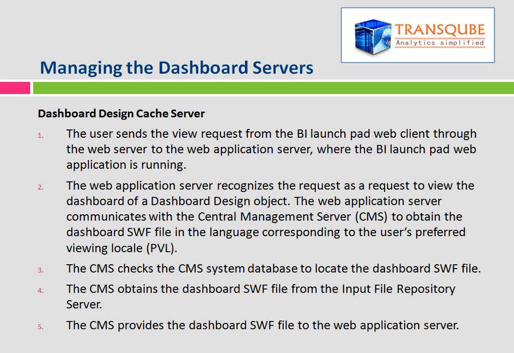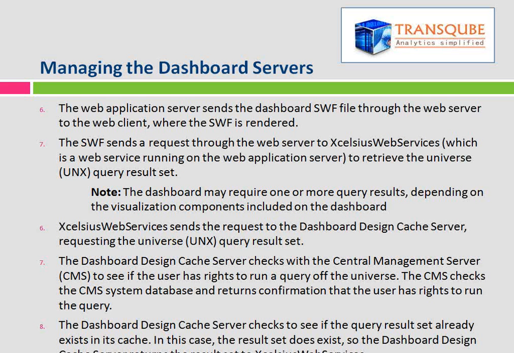The CMS checks the CMS system database for the dashboard shockwave file and its corresponding link. The CMS obtains the dashboard SWF file from the input FRS and provides it to the web application server. The web application server sends the dashboard file through the web server to the web client, where the SWF is rendered or presented.